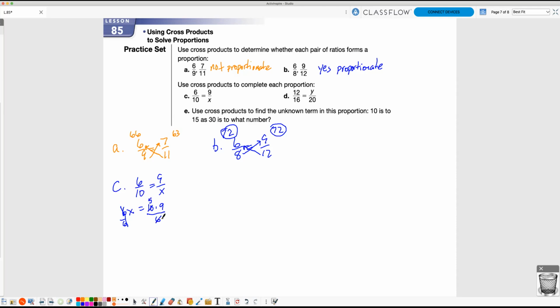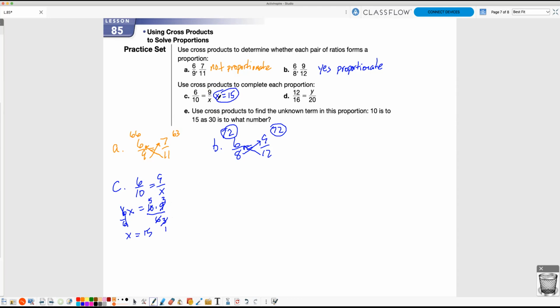This is also divisible by 2, that would be 3. And this is divisible by 3, which would be 1. And this is also divisible by 3, which would be 1. So that means x equals 15 for the final answer of this one.